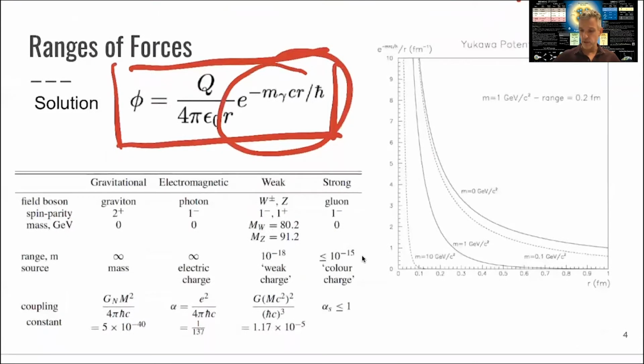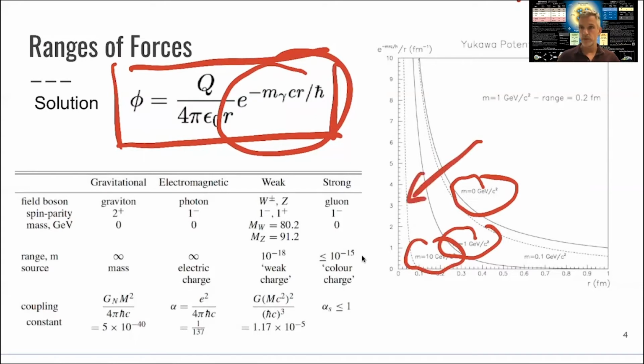What's nicely shown in this plot is the potential as a function of radius in units of femtometers, and the dependency of the range of the force on the mass. You see here as an example mass equal to 0, mass equal to 1 GeV and mass equal to 10 GeV, and you can easily see the range of the force is reduced by the fact that the particle has mass.